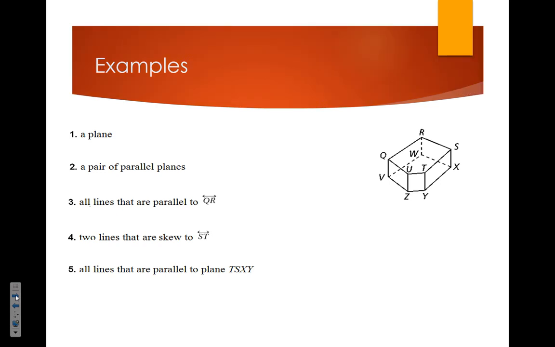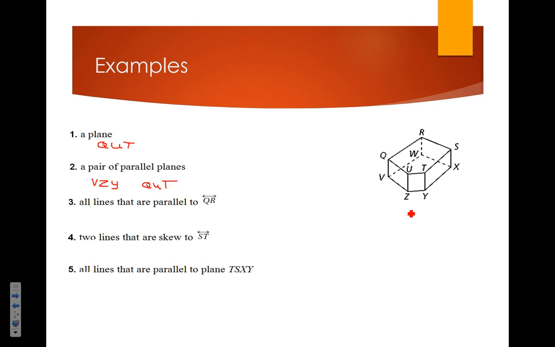Any of these can be a plane. Remember, we need 3 points. So if I take the very top, that 5-sided figure, I can say that that is plane QUT if I wanted to. And a plane parallel to that, just as review, would be VZY, and that would be parallel to QUT.